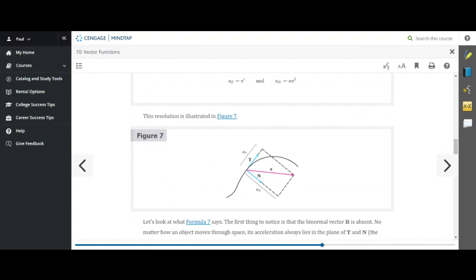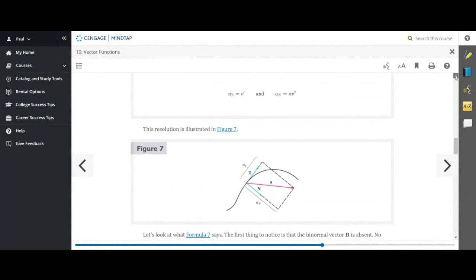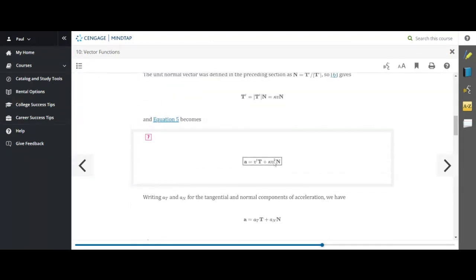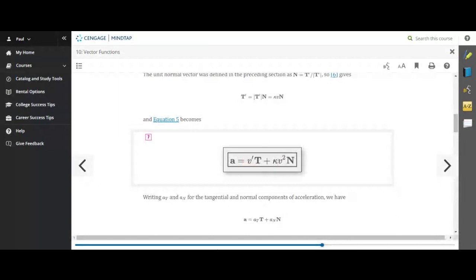You see that the acceleration vector is just a linear combination of the unit tangent and the unit normal vectors. And that's because of this result here. No, it isn't the parallelogram law that we're using.